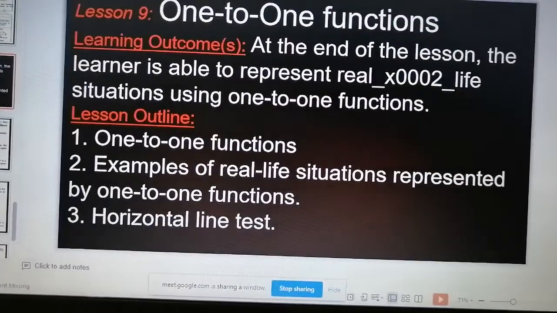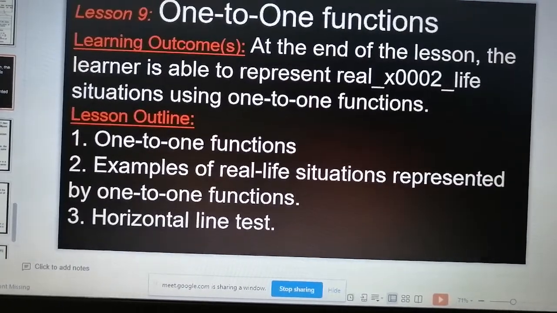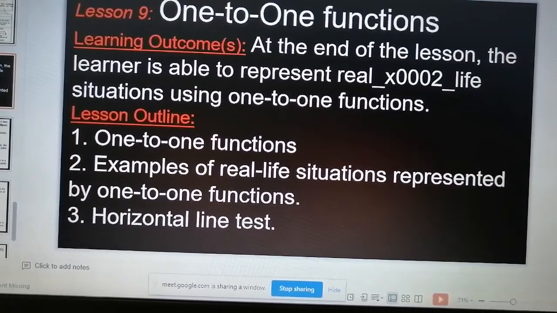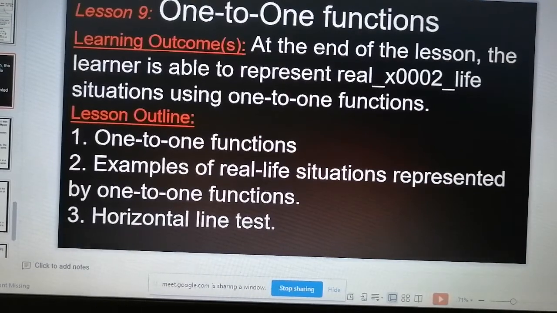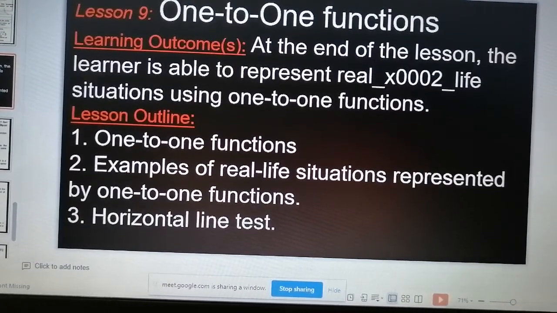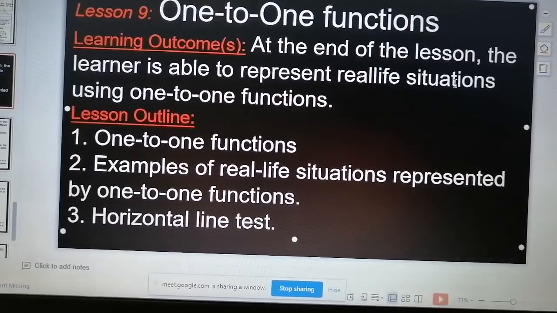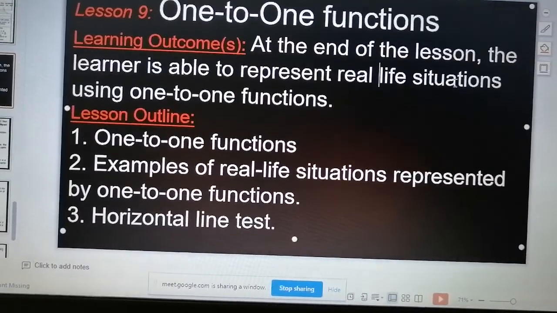Next tayo, lesson 9. 1-to-1 function tayo. Learning outcomes: at the end of the lesson, the learners are able to represent real life situation using 1-to-1 function.